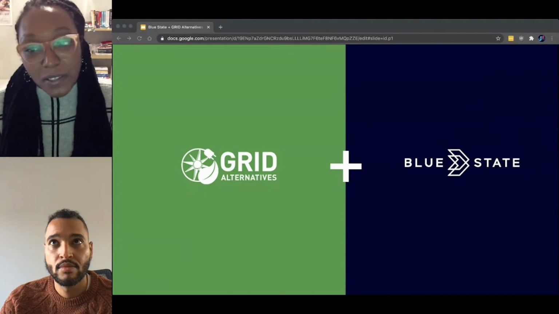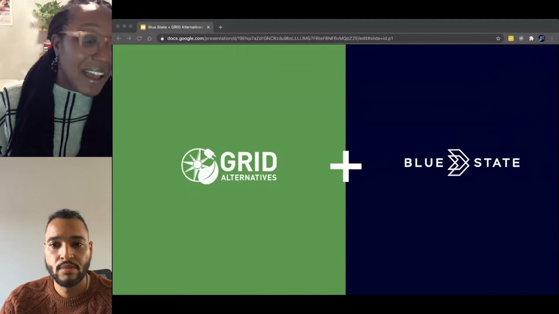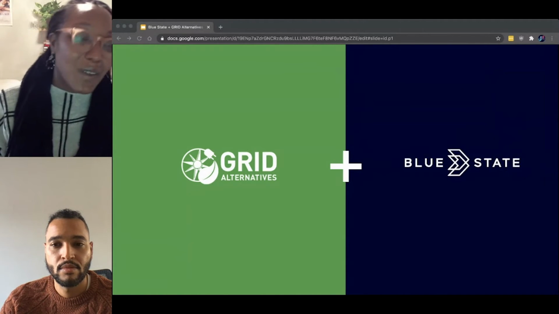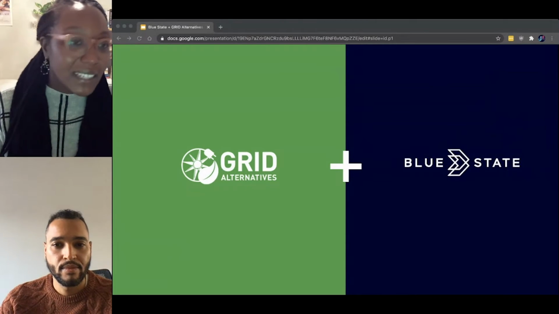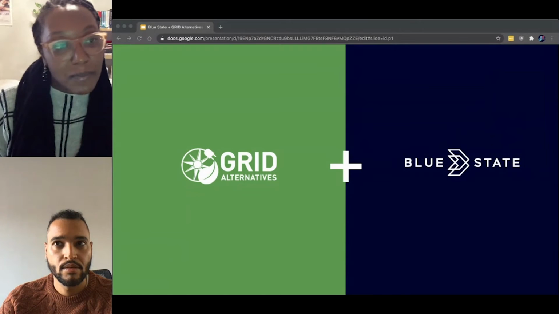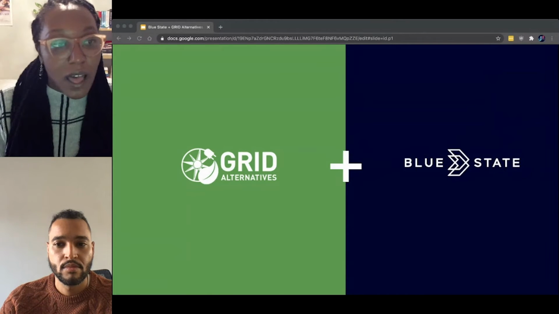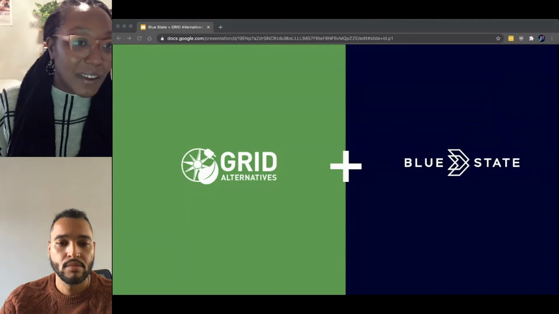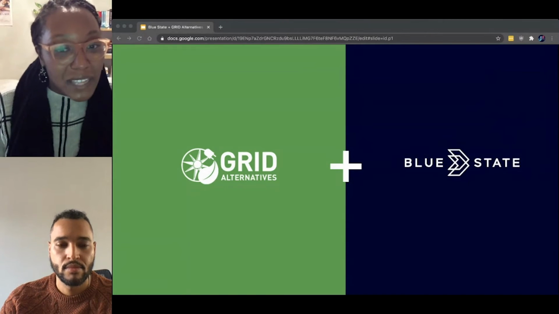And Blue State's response was, they came with not only the expertise of knowing how to build a beautiful website and a quality experience for our users, but also the ability to come to the table and have some of these uncomfortable conversations, and also hold both Grid and themselves accountable to deepening our commitments to equity and justice through our work together and through other forms of work that Blue State was doing.